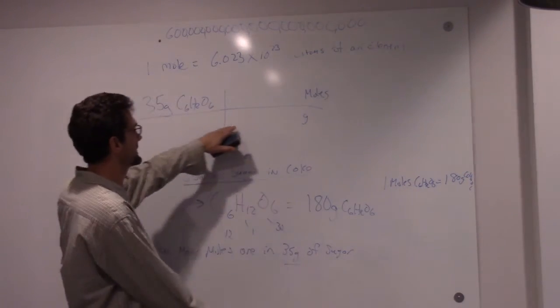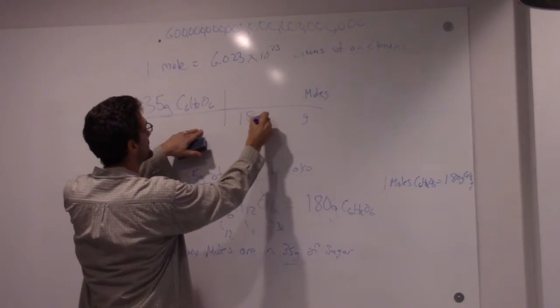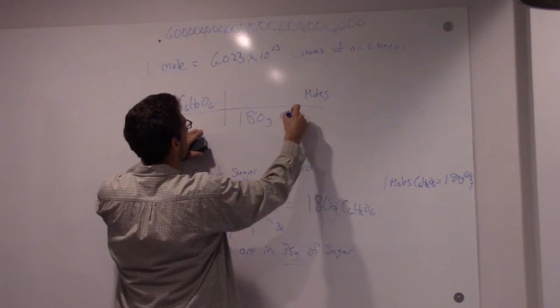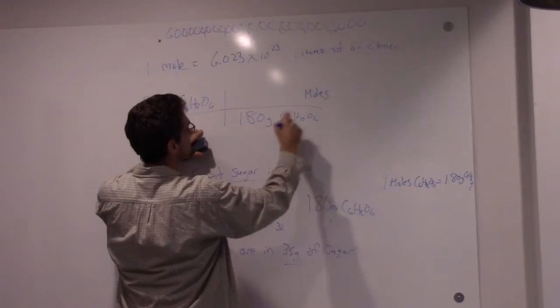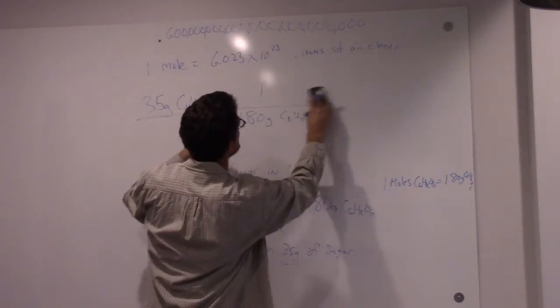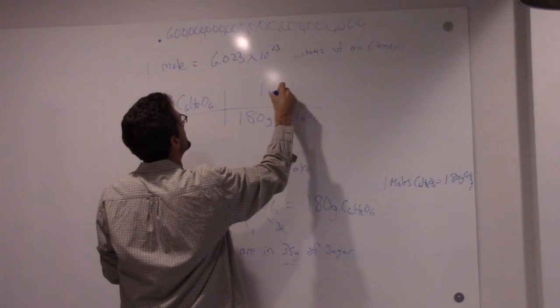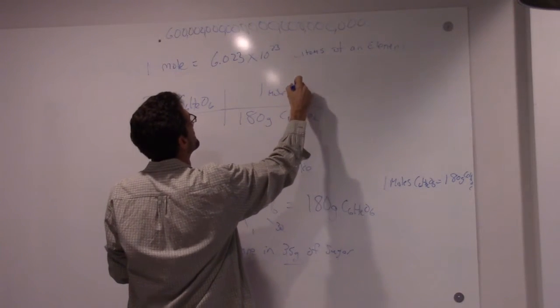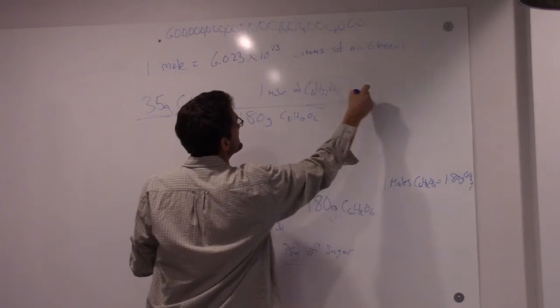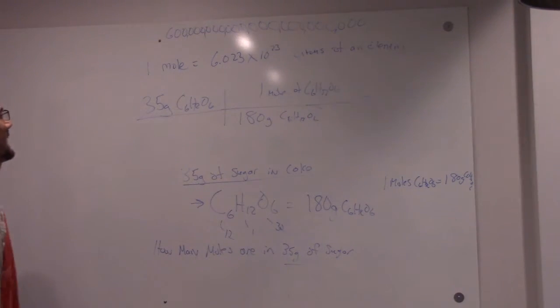All right, so we're going to come up here and put 180 grams of C6H12O6 is equal to 1 mole of C6H12O6. Teacher's assistant, how many moles is that?